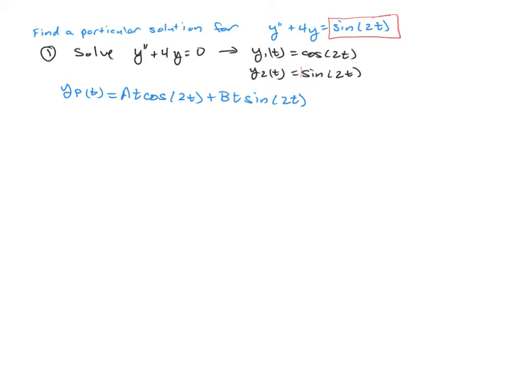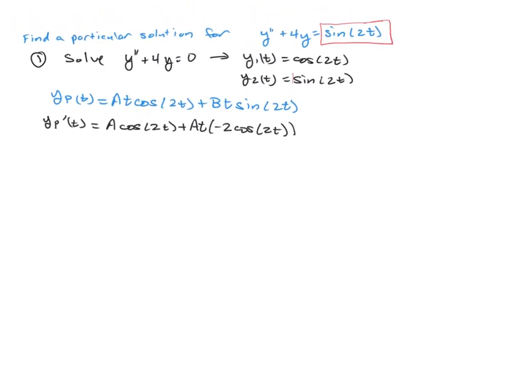Now we need to go through and take our derivatives, and these are going to be kind of hard because we have to use a product rule for both terms. So our first derivative is going to be the derivative of the first, which is a times the cosine of 2t, plus our first, which is going to be at, times the derivative, which is negative 2 sine 2t of the second.